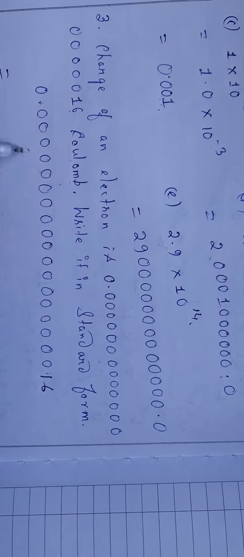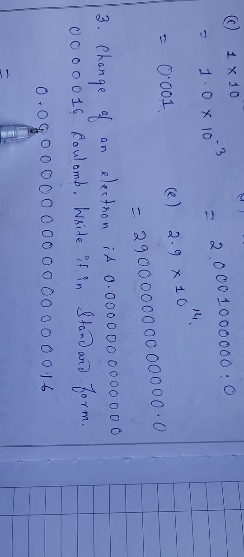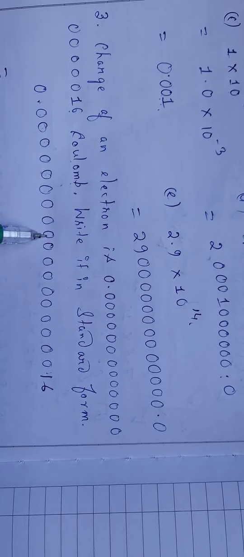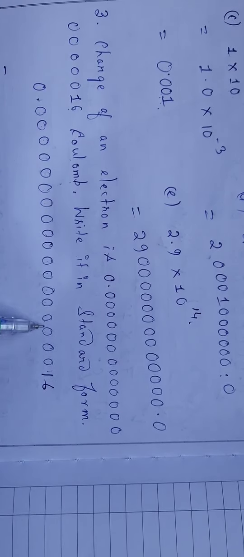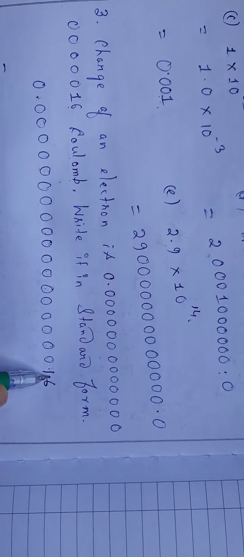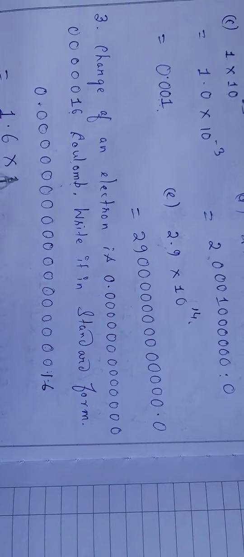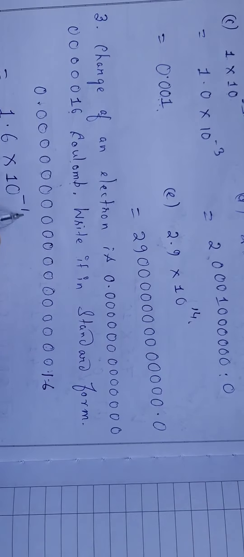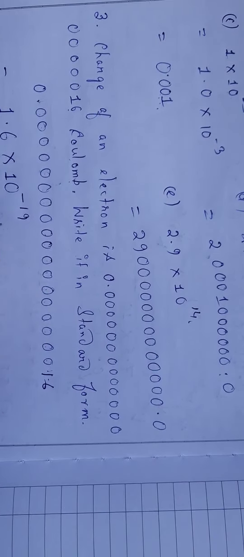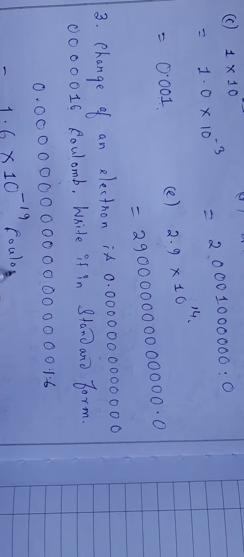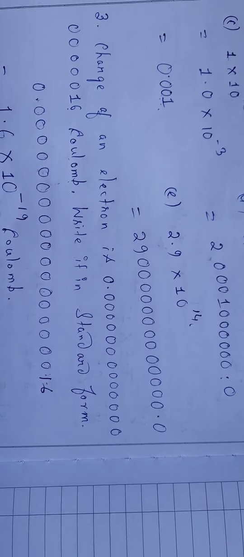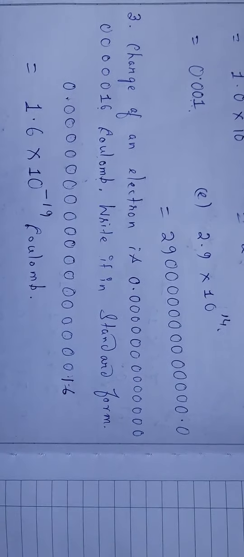Therefore the expression would be 1, 2, 3, 4, 5, 6, 7, 8, 9, 10, 11, 12, 13, 14, 15, 16, 17, 18, and one more, 19. So it is 1.6 into 10 to the power minus 19 coulomb, which is the actual charge of an electron.